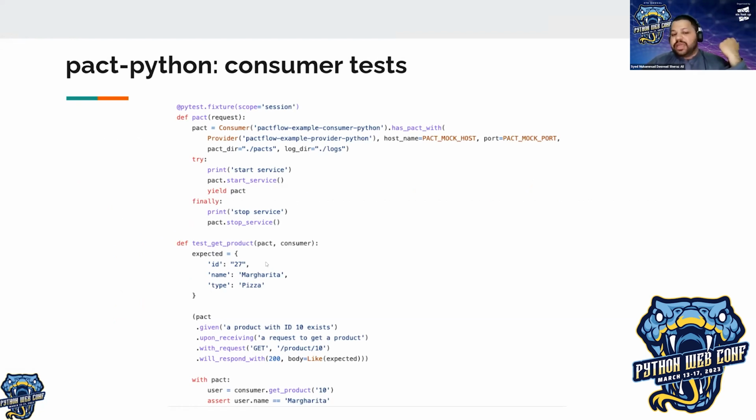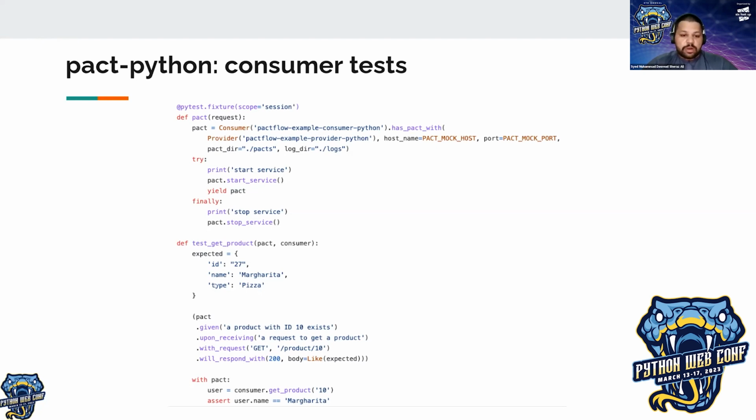You can see we have already defined an expected response where we are expecting the ID, name, and type. This expected response will be there for the API level mocking that we do in normal unit tests. The difference here is how we register that interaction and what sort of response we are expecting.